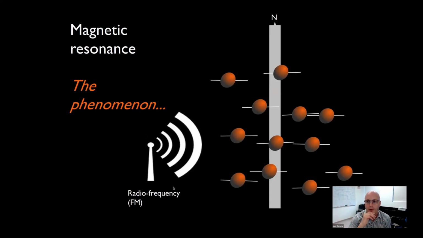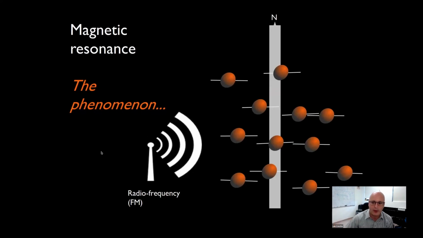Nothing will happen. There's no risk of cancer or mutations or anything like that. But what it does is, if you provide this radio frequency at exactly the frequency of precession, which we derived from the formula we saw before, then we're going to attract all these little bar magnets and make them point towards the radio frequency emitter, the antenna, the coil.